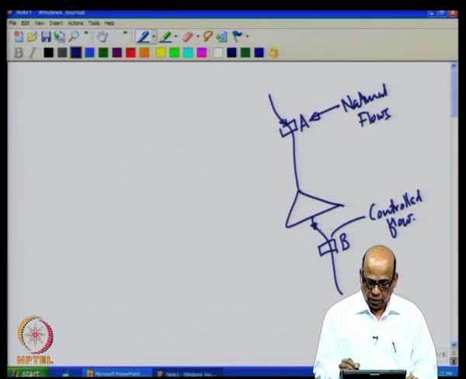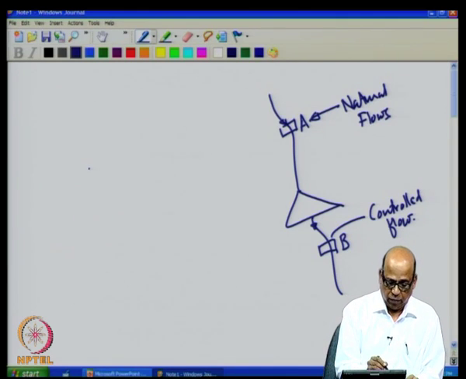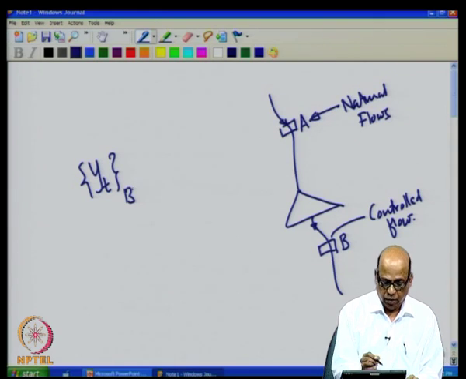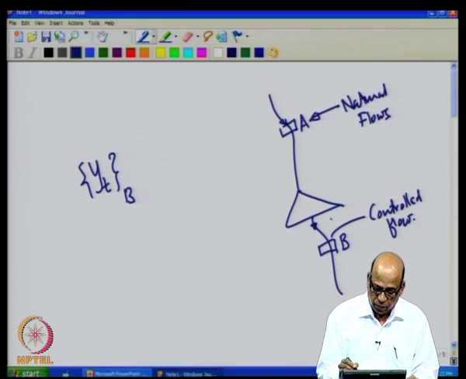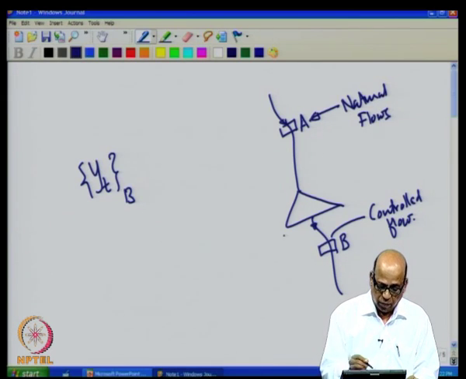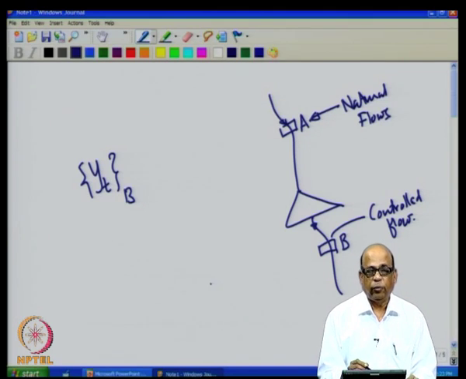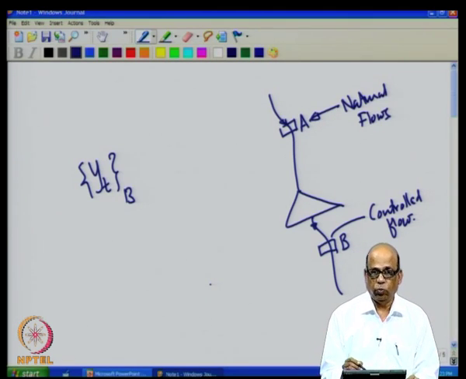Now, we want to do the analysis on the data that we have obtained at gauge B. But the series at gauge B, let us say I call it y t at B, is controlled flows plus a little bit of uncontrolled flows that is contributed from this intervening catchment. And therefore, we must convert this time series y t at B to a naturalized flow series.